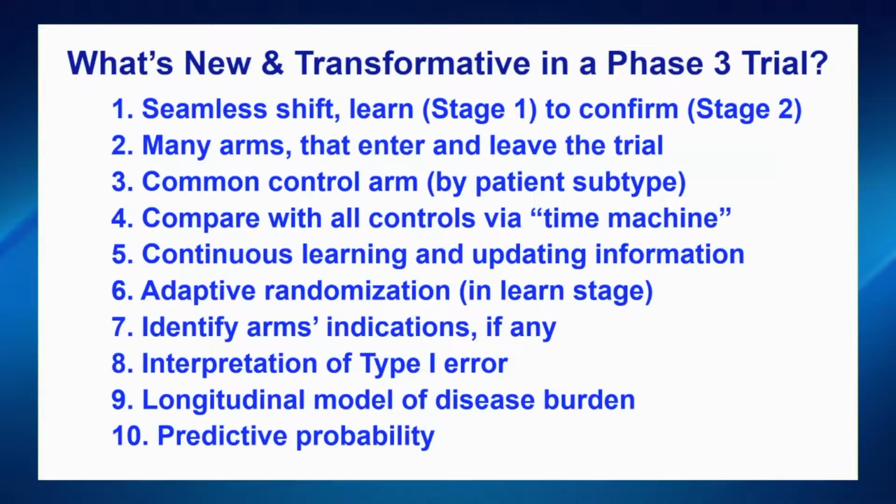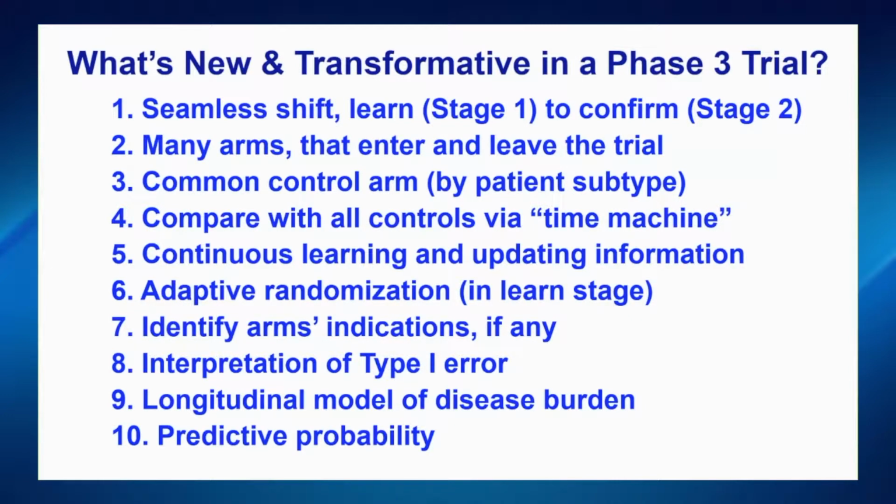You could say, well, it's beneficial in recurrent disease, but it turns out that the truth is, and when we simulate, we know the truth is it's beneficial in all of the disease, so we made a mistake. Or we could say it's beneficial to all of the disease, but the truth is it's only beneficial in recurrent disease. So again, we made a mistake.